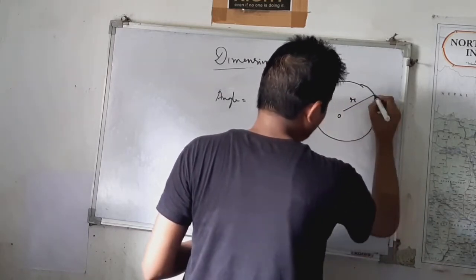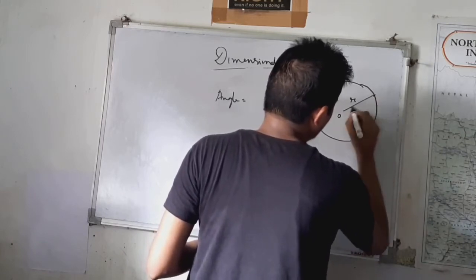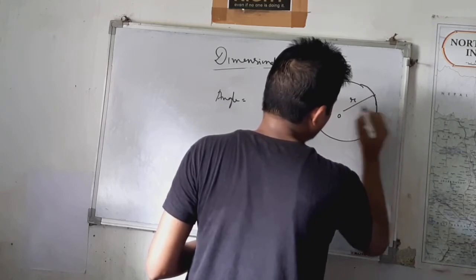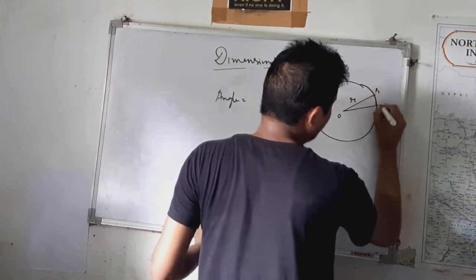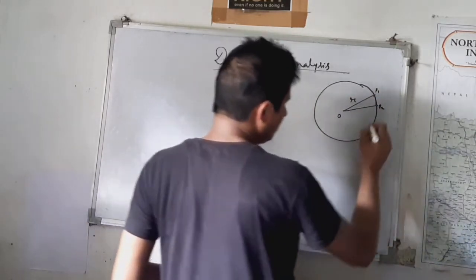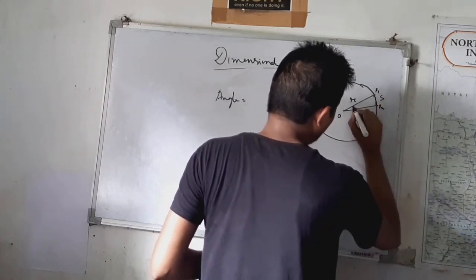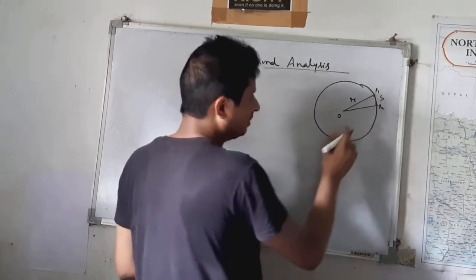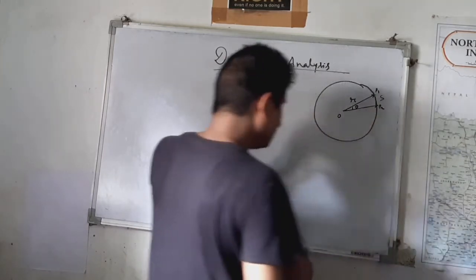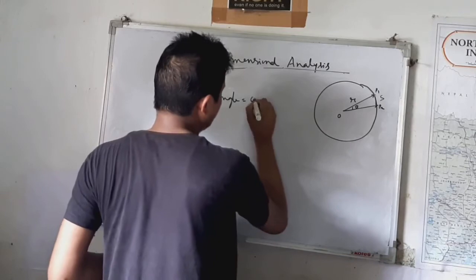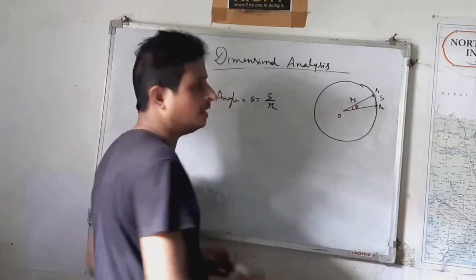Suppose this radius vector moves from position P1 to P2 in certain time, then it will cross a small distance S, and the radius vector is displaced by some angle, the angular displacement theta. So angle can be expressed by theta equal to S by R.